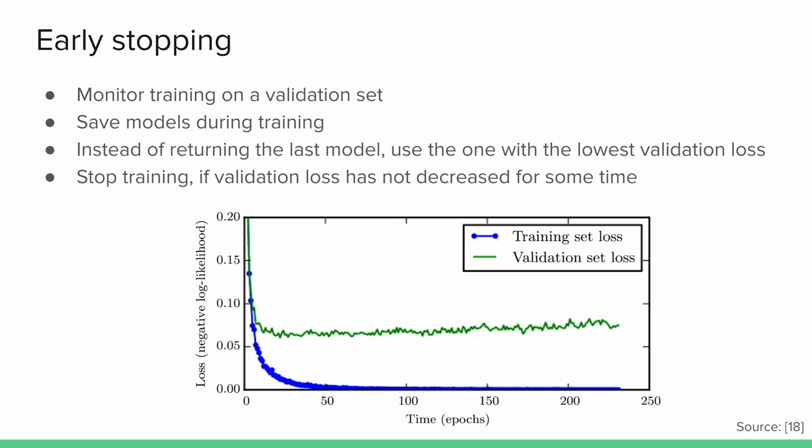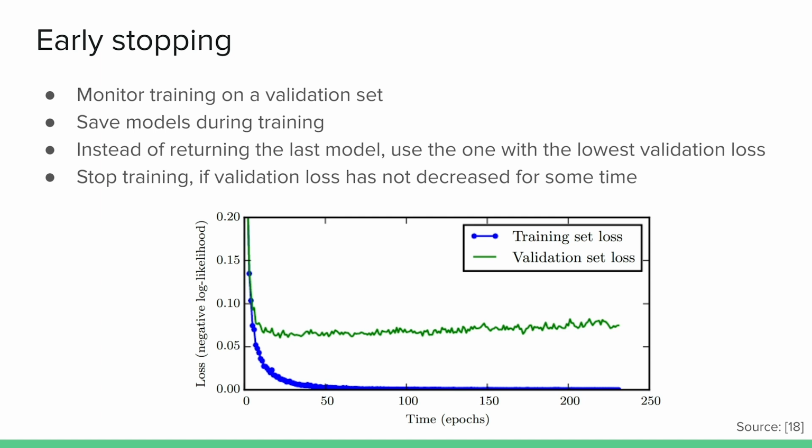You save the model after each epoch and then continue training the next epoch. When you are at the end of your training, instead of returning the last model, from the last training step of the last epoch, you return the epoch that had the lowest loss or the best performance on your validation set.